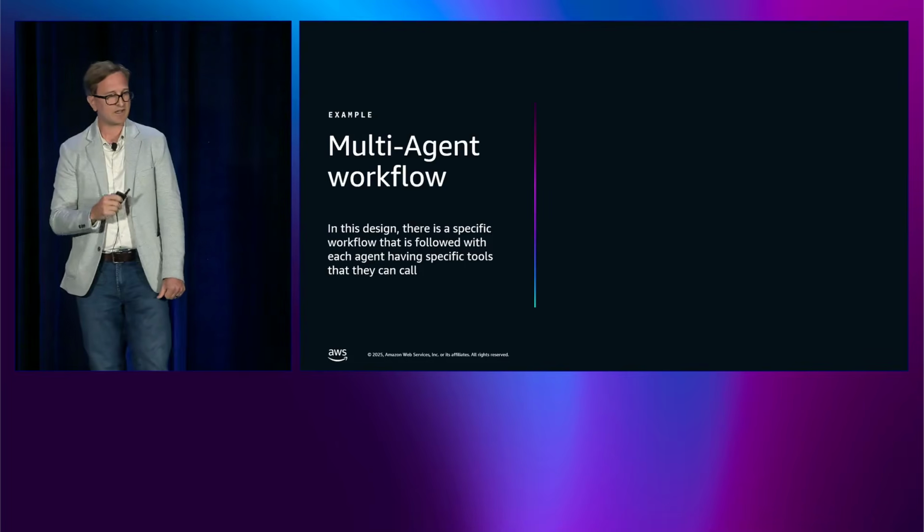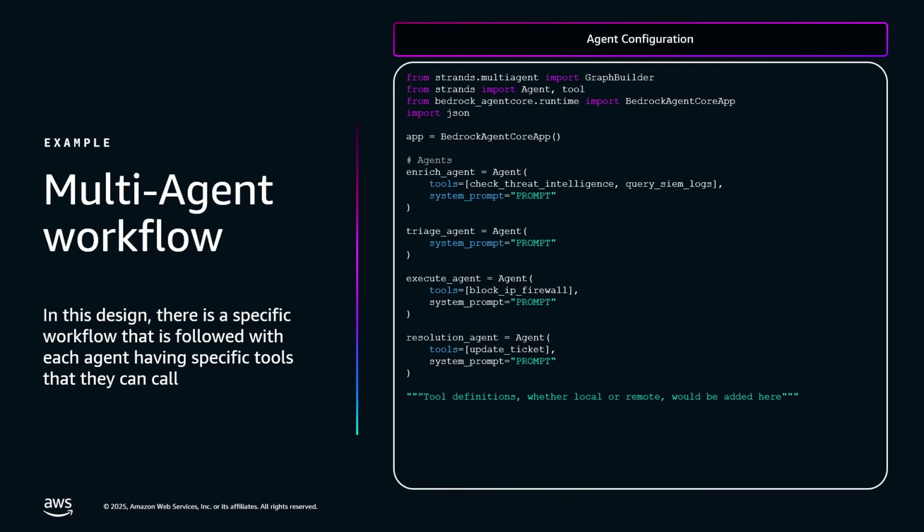So in this design, again, it's a specific workflow that's followed with each agent having specific tools that they can call. You can see here in our Strands pseudocode, we are defining each one of those agents, giving each one of those agents its prompt for what it should be doing. And then it has a list of just a couple of tools associated with that agent.